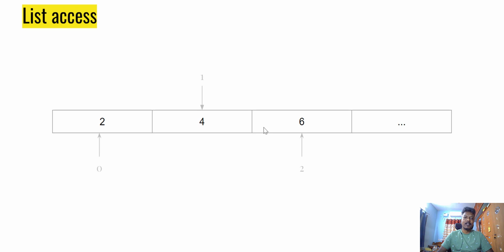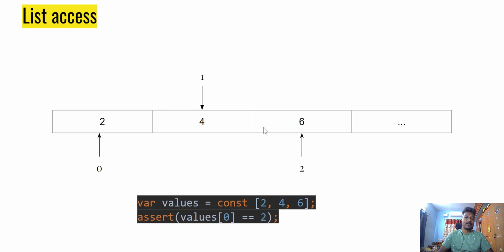Here the index starts from 0, then 1, and then 2. If you want to access the first element, you simply refer to values of 0, which gives the first value, and if you want to refer to the second value, you can give values of 1, then it will return the second value from this list.